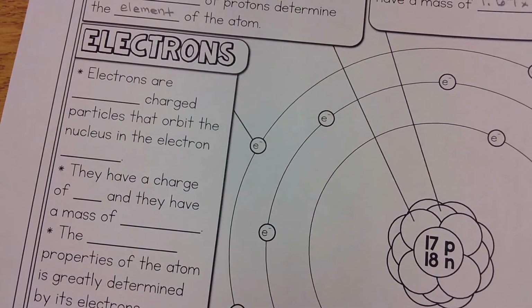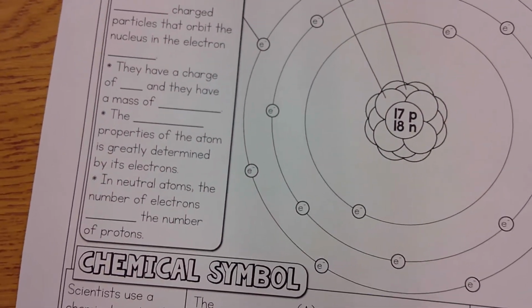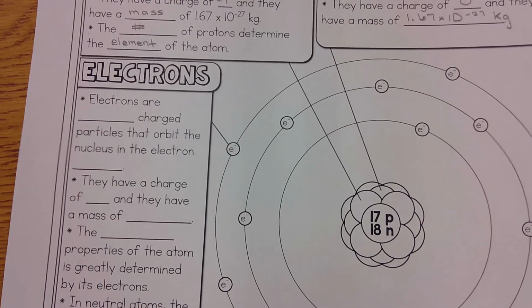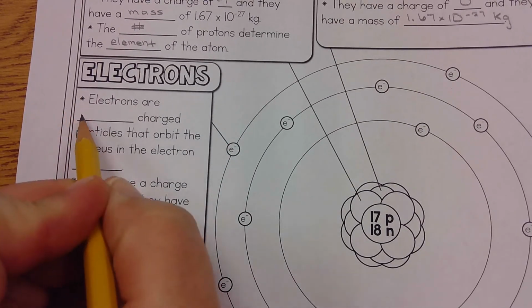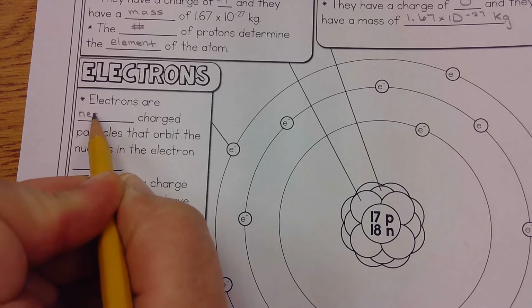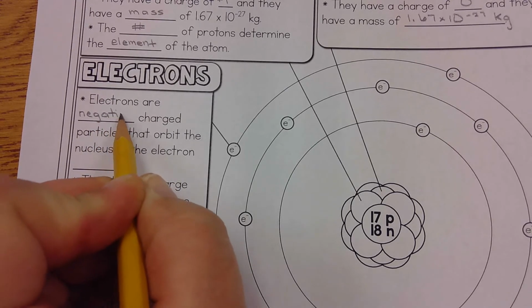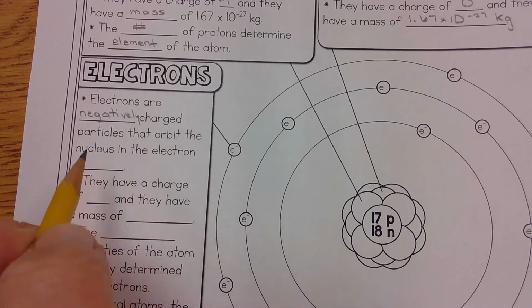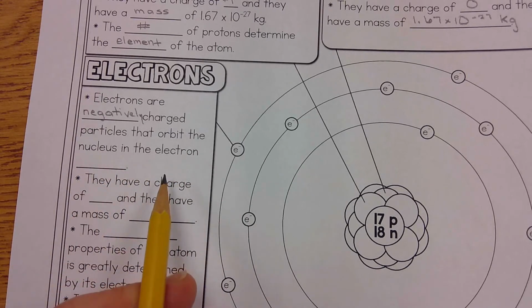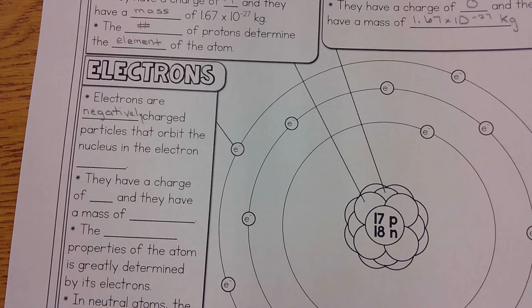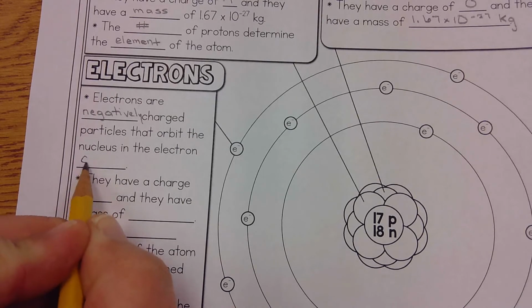The next subatomic particle that we want to talk about are electrons. Electrons are negatively charged. They orbit the nucleus in something called an electron cloud.